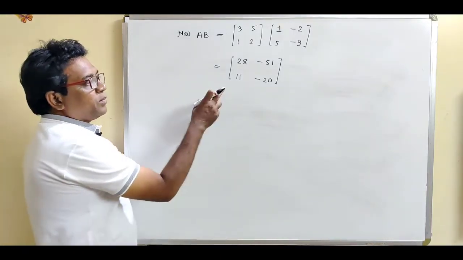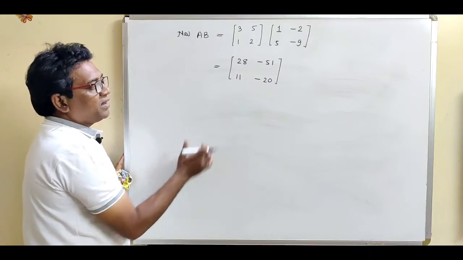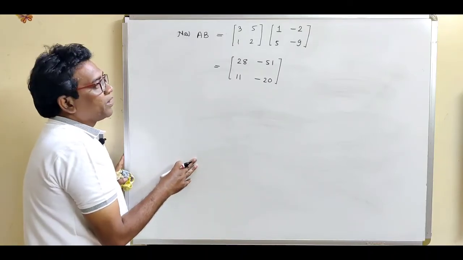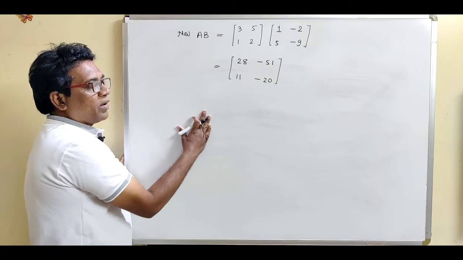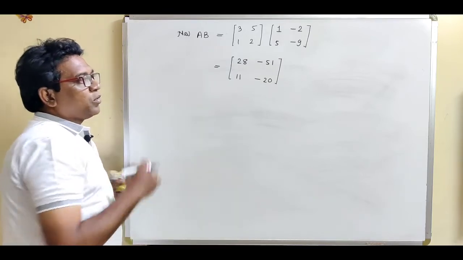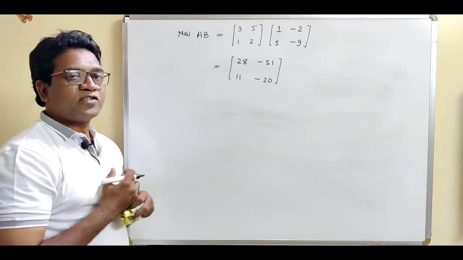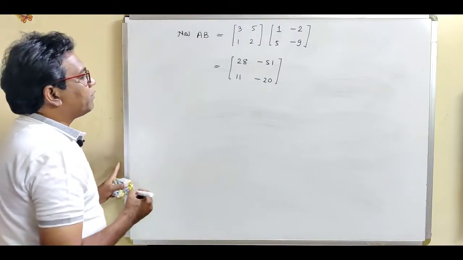Now from matrix AB, let us find out its adjoint. So again there are same process. First of all, find out the matrix of minor, then find out the matrix of cofactor and just take its transpose. It is called the adjoint of matrix.